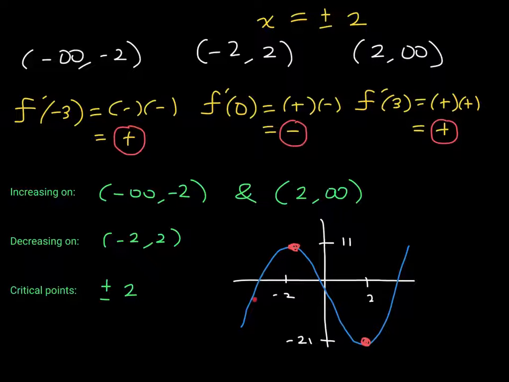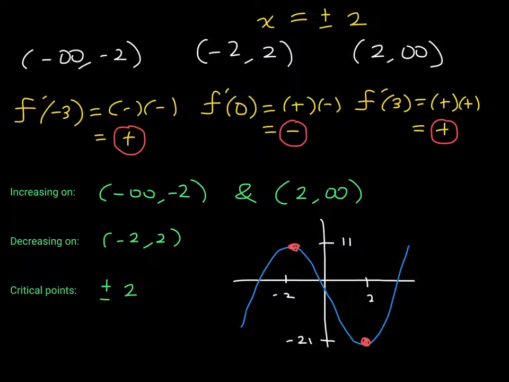So on this interval, the function is, we would say, monotonic. And then from -2 to 2, the function's decreasing. On this interval here, it's monotonic. And on this third interval from 2 to infinity, it's increasing, it's monotonic. The function is monotonic on 3 separate intervals. So this is the graphical representation of what we found.